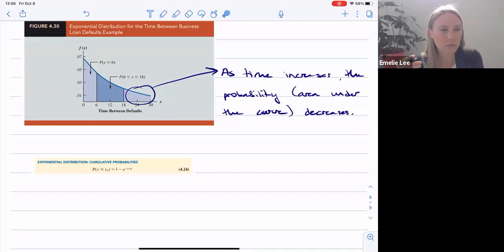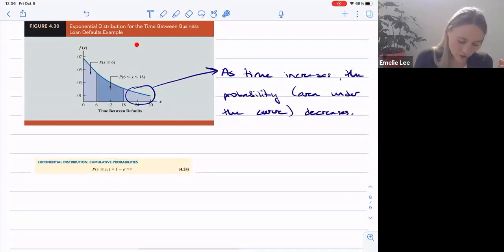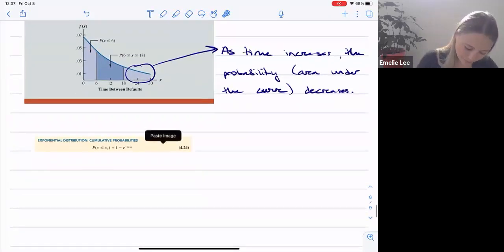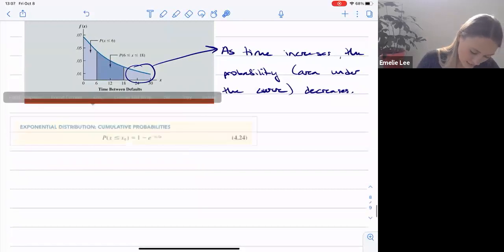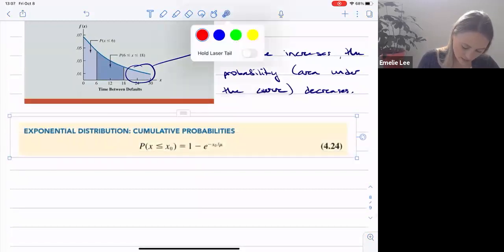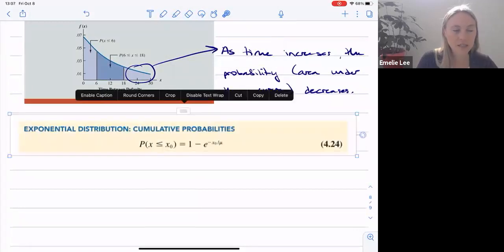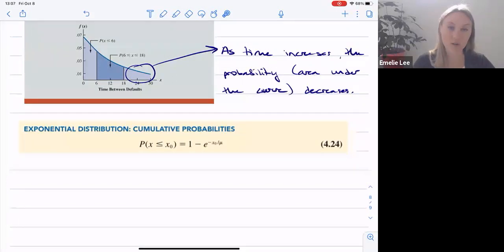And we could have the other situation, where it shoots up, but then as X increases, the probability approaches 1. That's kind of messy. This one's nicer. We can calculate cumulative probabilities fairly easily for exponential distributions, not for the normal distribution, where we typically have to use software.